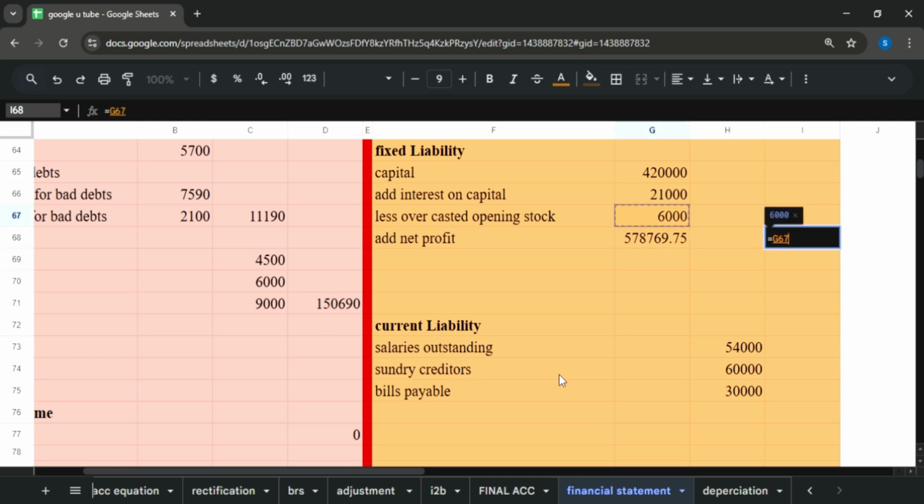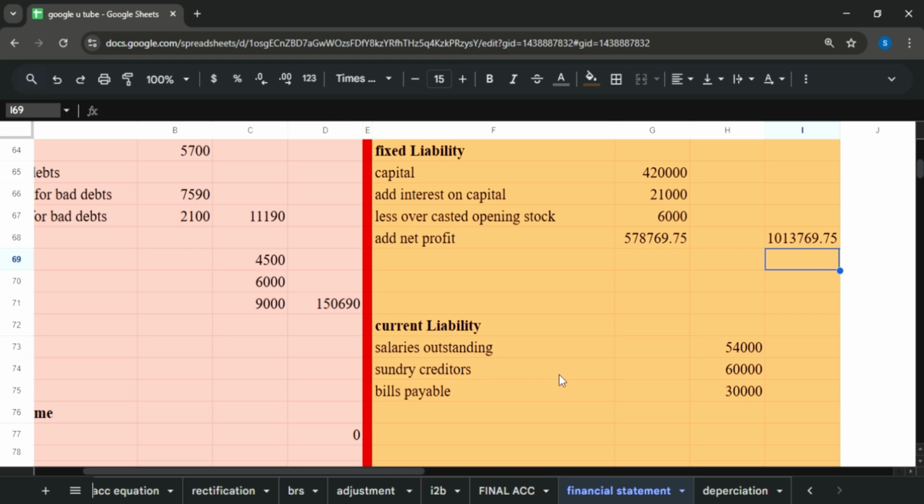What we have to do? Capital, add interest on capital, and subtract overcasted in previous year closing stock, this year opening stock, and then add net profit.